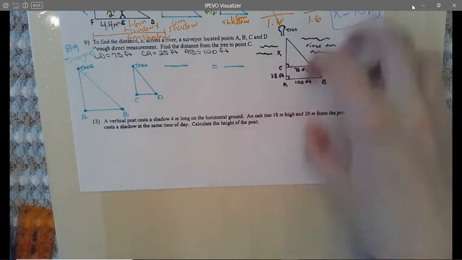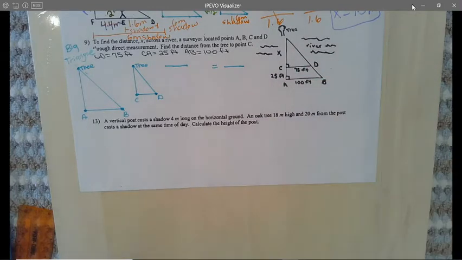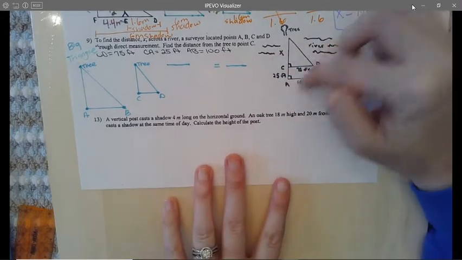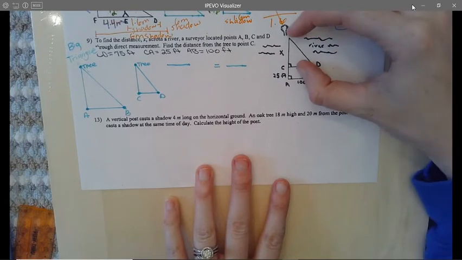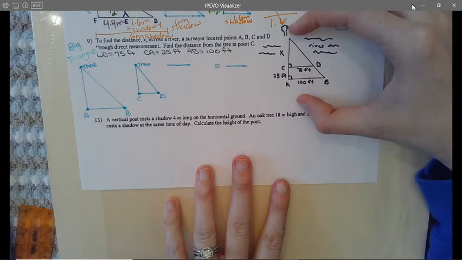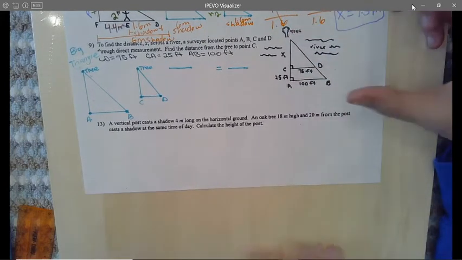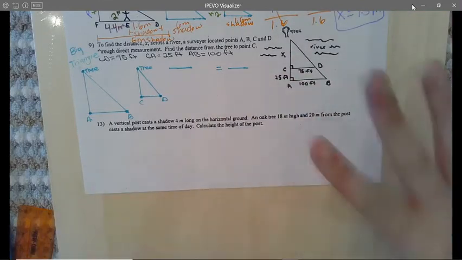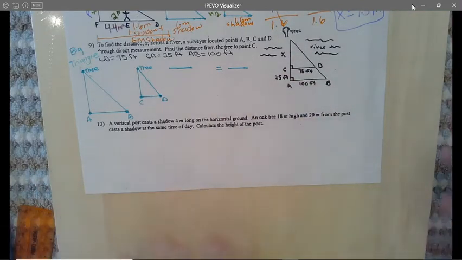They already have these parts labeled. Remember, sometimes in our picture we have a triangle within another triangle. It's really helpful to separate your triangles so you can visualize what's going on a little better.